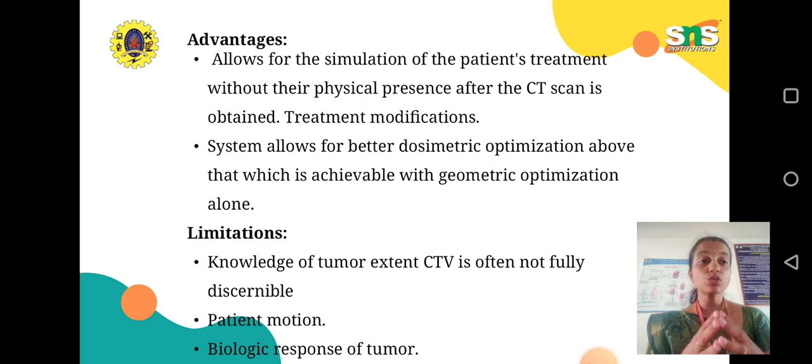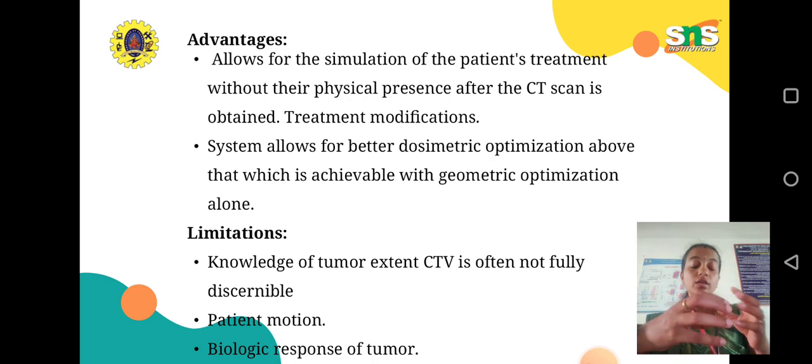One advantage of 3D CRT is that it allows for the simulation of the patient's treatment without their physical presence. It can be used for treatment modifications by using the CT imaging.